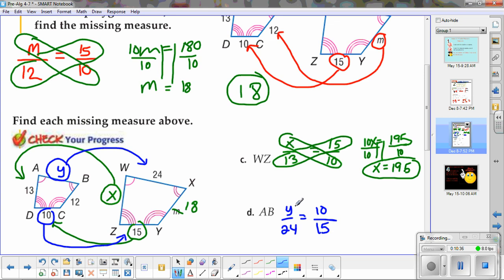Now, in a proportion, cross products are equal. So Y times 15 is 15Y. And 24 times 10 is 240. Now you're going to go ahead and divide both sides by 15. 240 divided by 15, that's going to be 16.